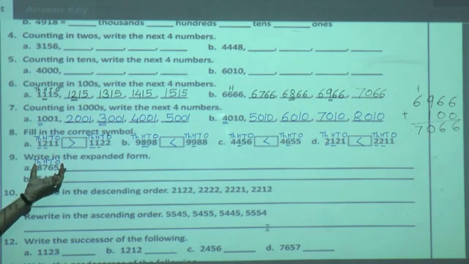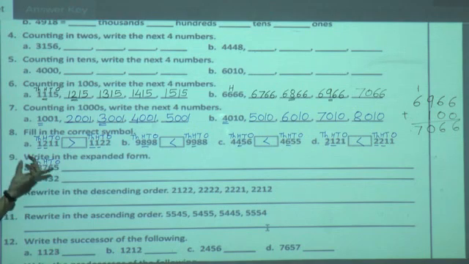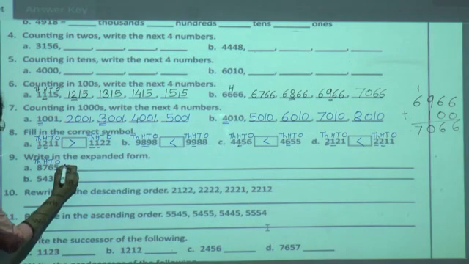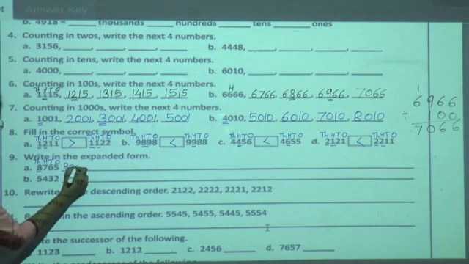This is the number and we have to write this number in the expanded form. Okay, by using their places we will write the expanded form. Now the first digit is 8 and it is at thousands place. So what will be the place value of this 8? Yes, it is at thousands place. So the place value of this 8 is 8000.